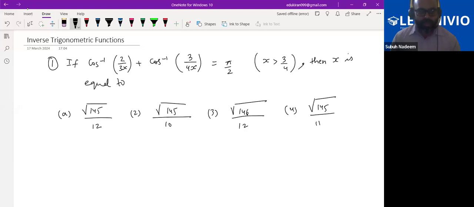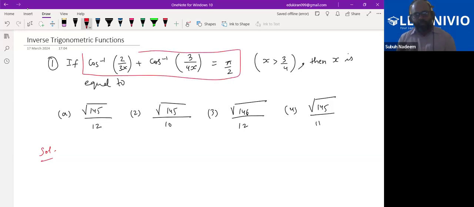This is question 46. So if we approach this question, what we have to think here first is that this equation cos inverse 2 by 3x plus cos inverse 3 by 4x is pi by 2. And we know that there is a property, that property is very important, and I should write all those properties here which are related to this one property.